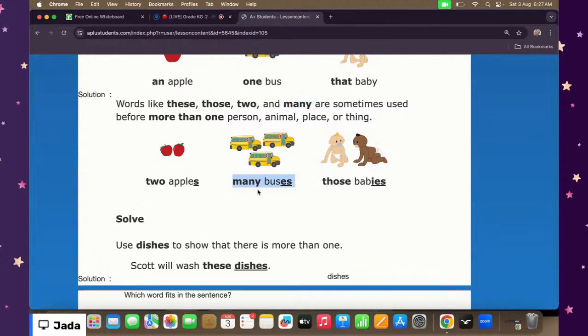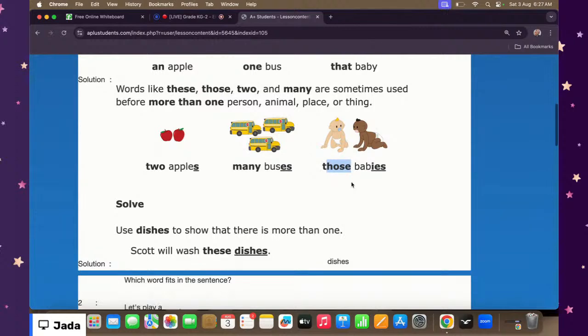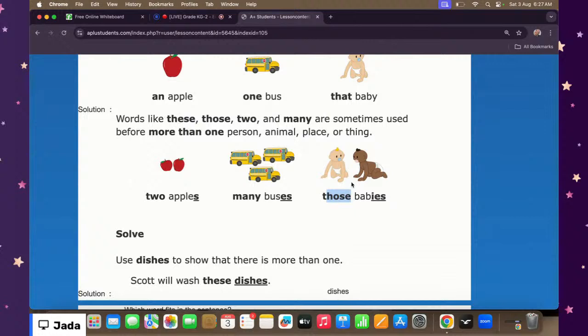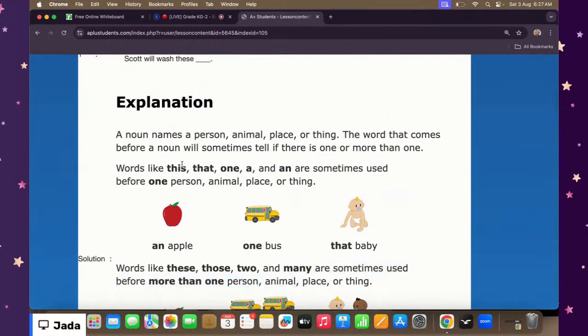If you see many, you know that it's gonna be plural. Those babies. Even when you see those, it is plural. So you have to take note of the words that you see before. If you see this, that, one, a, an, it's addressing one person.